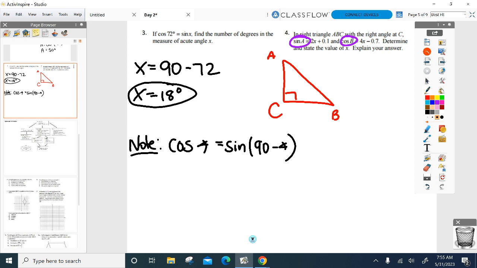Back this up. A and B add to 90, correct? So if two angles add to 90, the sine of one is equal to the cosine of the other. So these two are equal to each other because A and B add to 90. So I can take 2x plus 0.1 and set it equal to 4x minus 0.7.